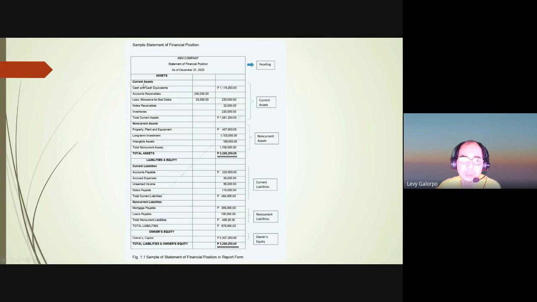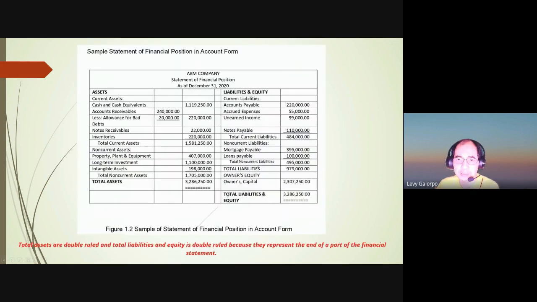Ito total mo yung current assets, may nakalagay na total current assets. Ganon din naman sa non-current, total non-current assets. At mag-arrive ka sa total assets na i-double rule mo. So, napaka-importante na ma-distinguish nyo yung mga accounts that will fall under current assets and non-current assets.